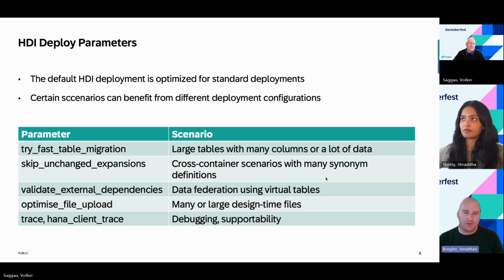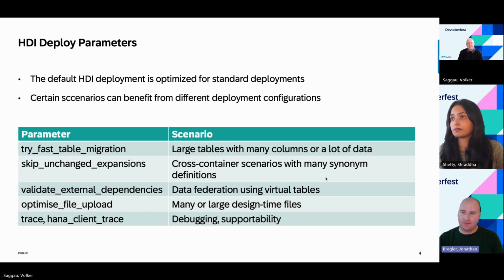And to get better results when deploying, so typically faster deployments, there are some parameters that you can set in your deployments to get significant speedups. And I'm going to talk about some of these parameters today. The first parameter that's very interesting is called try-fast table migration, which can be used to migrate tables to a new version.